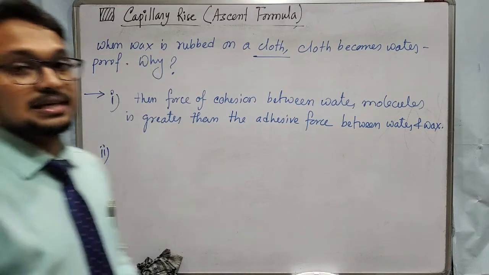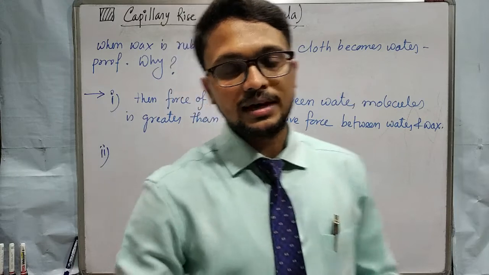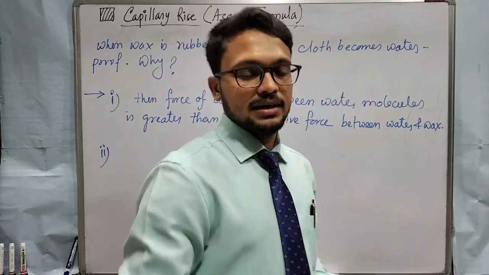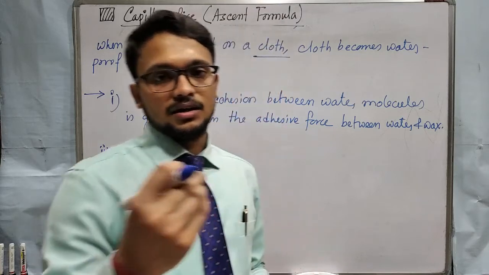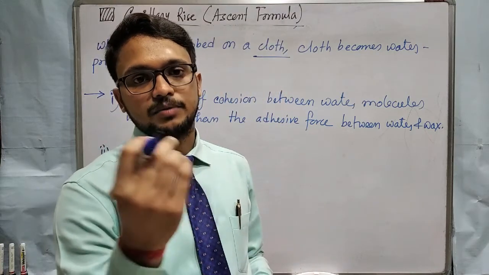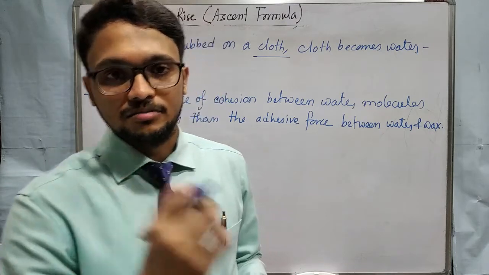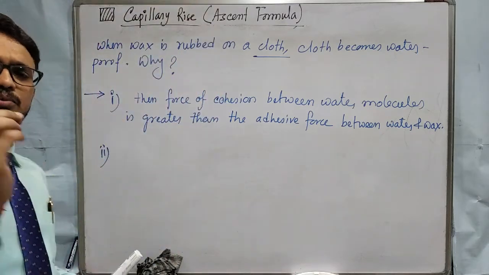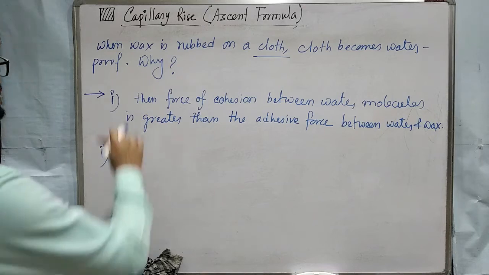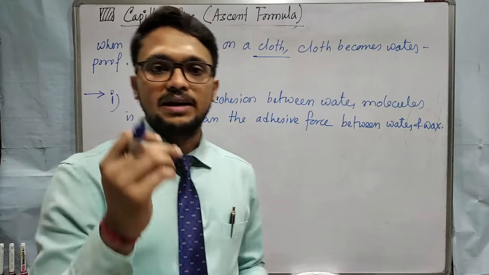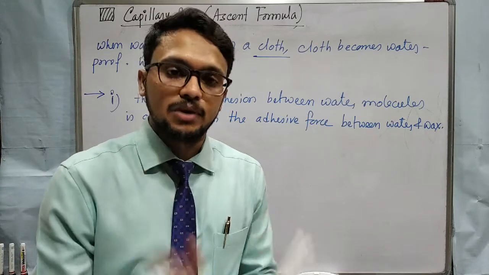Another concept is capillary. When wax is not rubbed with cloth, I have told in the capillary rise that if we take any thread of cloth, then inside that thread there are many capillary tubes. Capillary pores are there. So when wax is rubbed on that cloth, then those capillary pores are completely blocked.